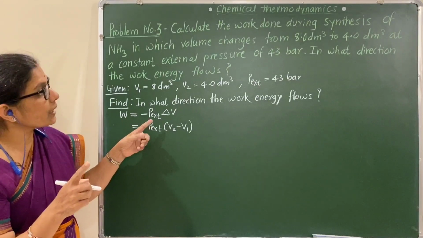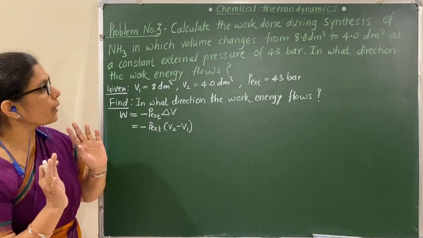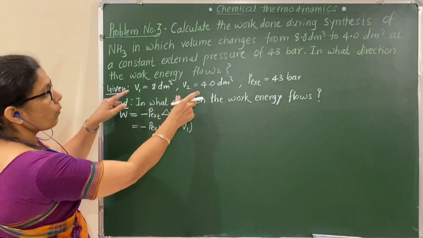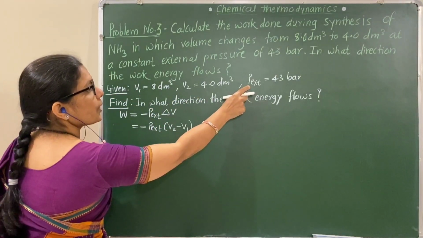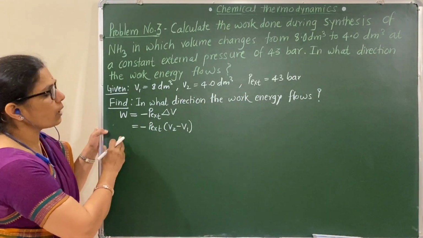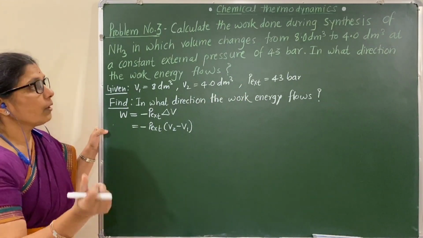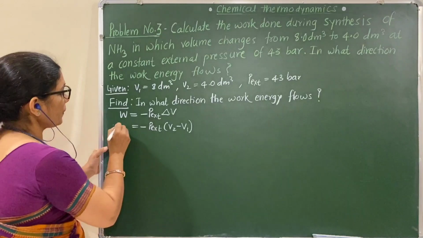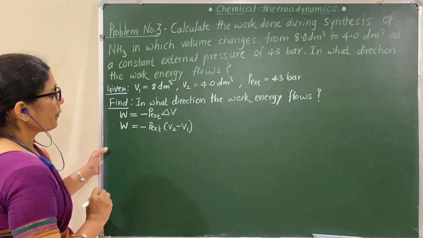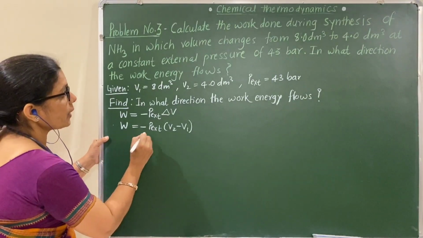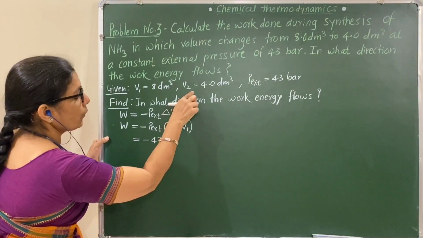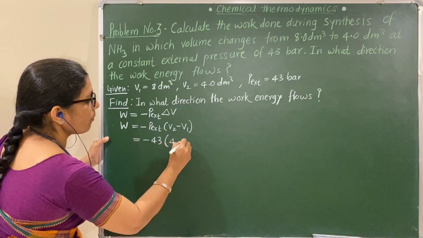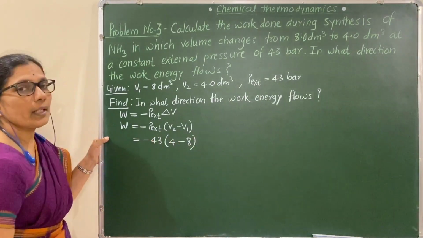Before substituting, convert into the required unit. Volumes are in dm cube, external pressure is in bar, so work obtained is in dm cube bar. Now substitute the values: external pressure is 43, then V2 is 4 minus V1 which is 8.